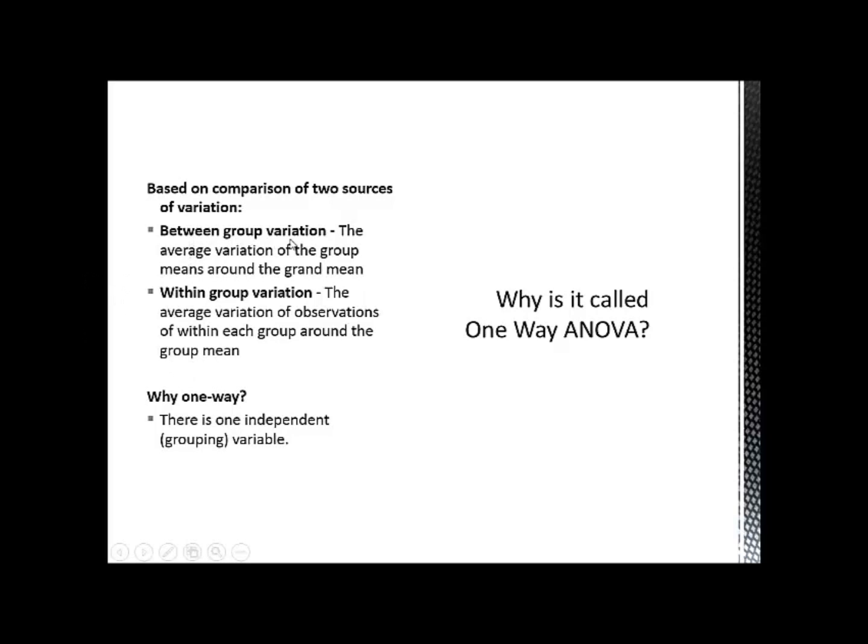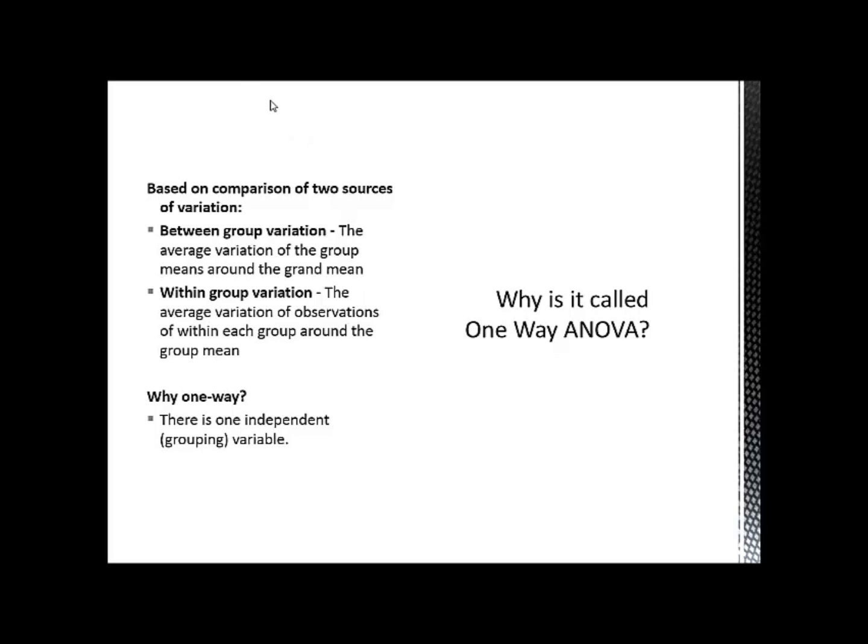There's the between group variation. This is the variance that's due to differences between groups and is gauged by comparing each group mean around the grand mean. The grand mean is basically the overall mean. And then you have within group variation, that's due to differences between observations within groups. This is deduced by comparing each observation with its group mean.